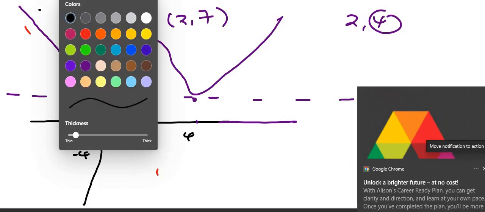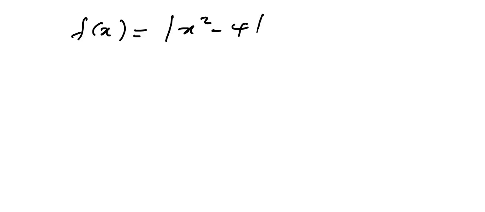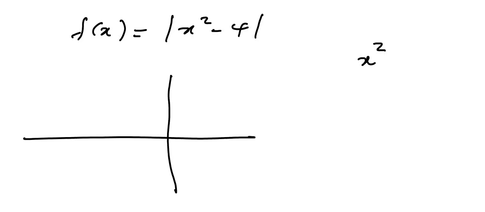Okay, so let's try the last one that you sent. f of x should be, if I'm seeing it clearly, x squared minus 4. So you're seeing that there is no b here, right? It's just like I give you x squared. x squared is simply something that looks like this, right? This is the normal form of this.